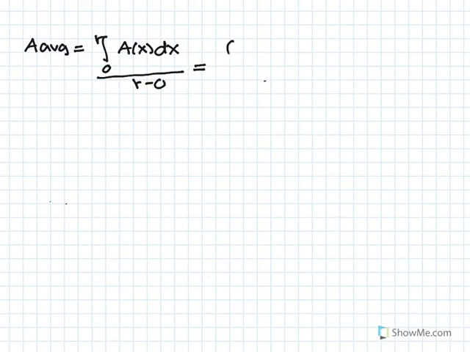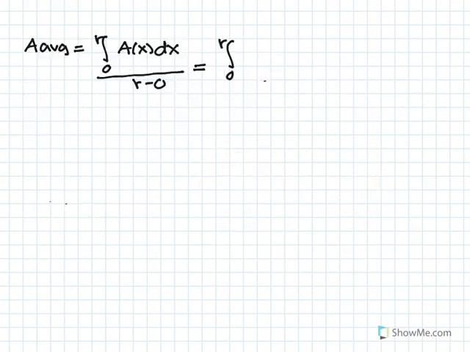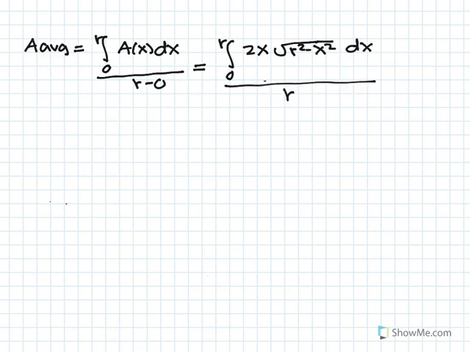This is equal to the integral from 0 to r, and the area function, looking at the last page, is 2x root of r squared minus x squared dx divided by r minus 0, which is just r. So A average is equal to 1 over r times the integral from 0 to r of 2x root of r squared minus x squared.